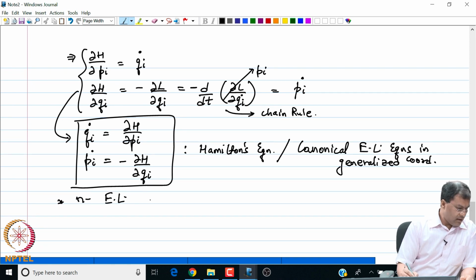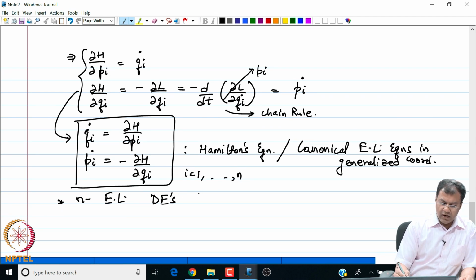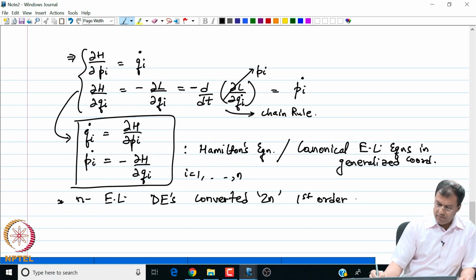And we see that these are n Euler-Lagrange differential equations, for i equal to 1 to n. So the n Euler-Lagrange differential equations have been converted into 2n first order differential equations.